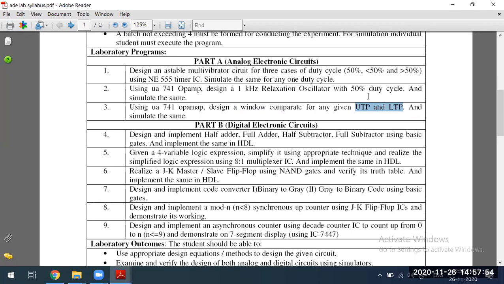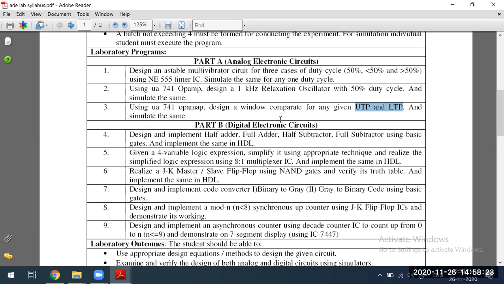Assume high output if it is within range. If the input voltage is outside the range of UTP and LTP, 2 to 5, meaning 1.5 or 5.1, 5.2, 5.3, outside that range, then give me the other output, low output. That is what they are expecting.